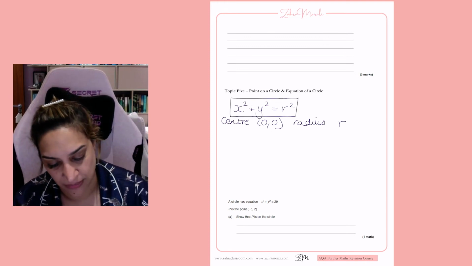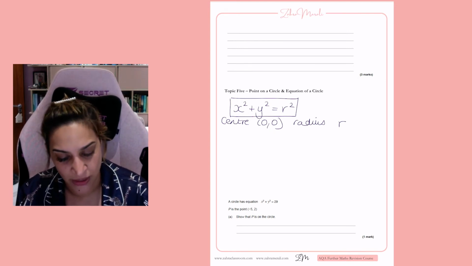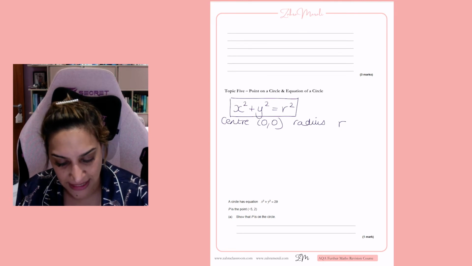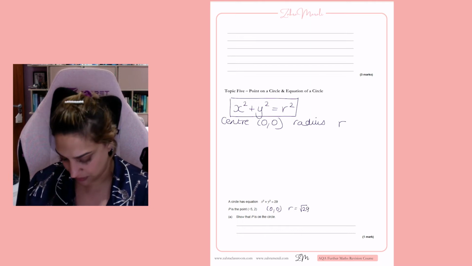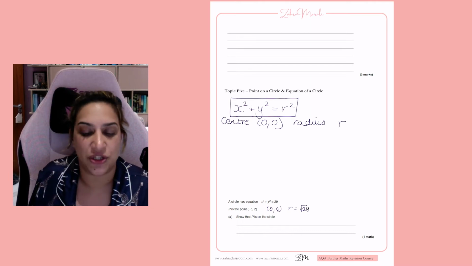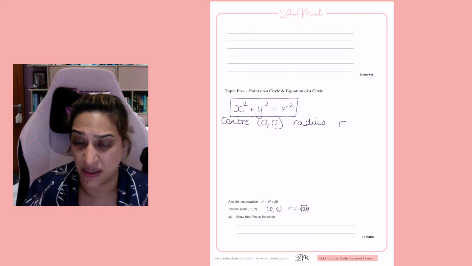Okay, let's show you what that means. We've got an equation here: x squared plus y squared equals 29. That's saying the center is 0, 0, and the radius will be root 29. And I want to show that P is on the circle.